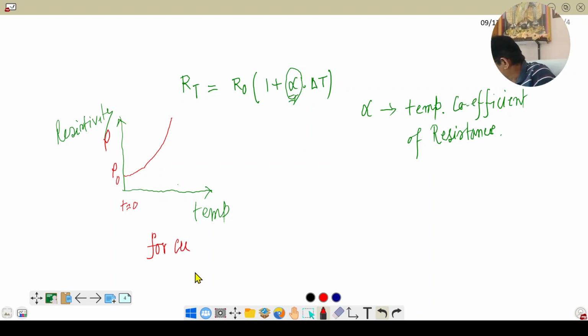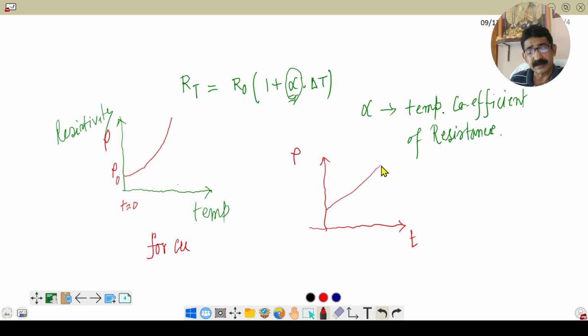For nichrome, if we take a similar graph, this is the x-axis or temperature axis, this is the rho, resistivity axis, it will be a straight line like this for nichrome.